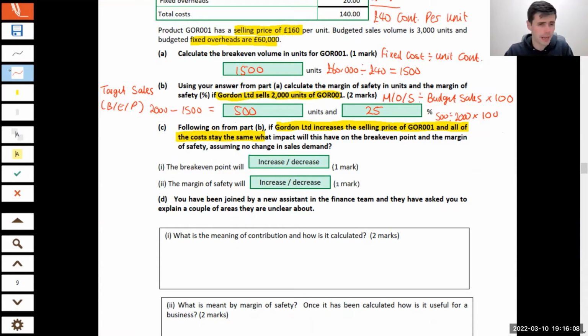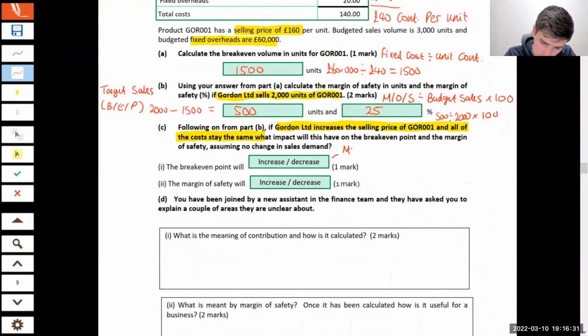People get confused with this, but if I changed the word contribution to profit, you wouldn't hesitate. Contribution is very, very similar. The only difference is we still have to take into account fixed costs at some point. But what we're saying here, my selling price is going up, which means I'm making more contribution per unit, aren't I?